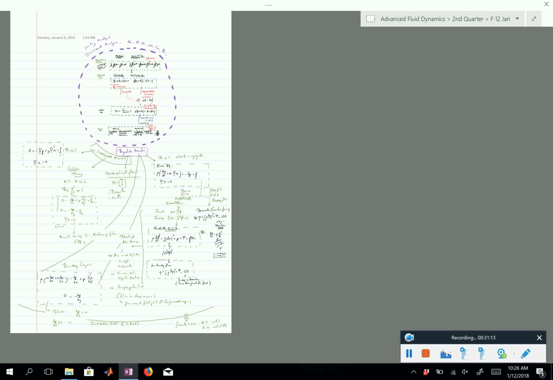Can you upload the formula sheet like you did from the first quarter? The formula sheet from last quarter's exam? No. The formula sheet that will be applicable for this exam. Oh, it's the same. I'm not going to give you the details. You'll have the Navier-Stokes equation in cylindrical, in spherical, or in Cartesian, those you should know in Cartesian.